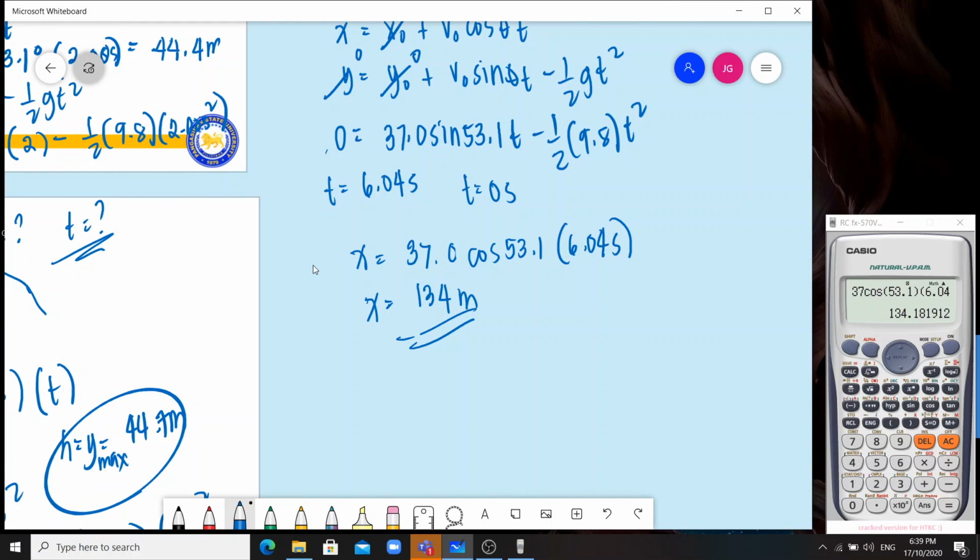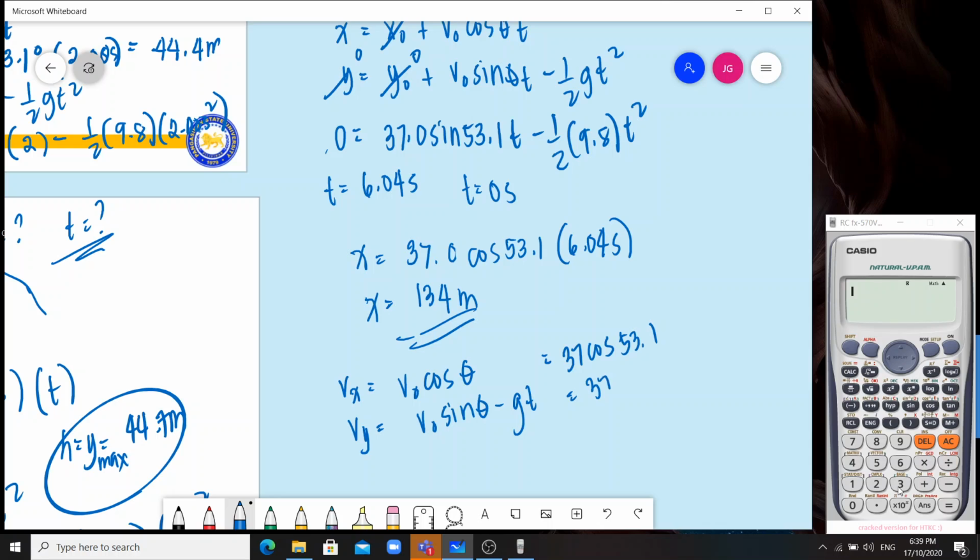Now, hinahanap yung velocity. Okay. Diba may formula tayo dito na Vx is equals to v0 cosine theta at saka Vy is v0 sine theta minus gt. Okay? Etong Vx natin, constant yan. So, 37 cosine 53.1. Ito naman is 37 sine 53.1 minus 9.8 times 6.04. Okay.